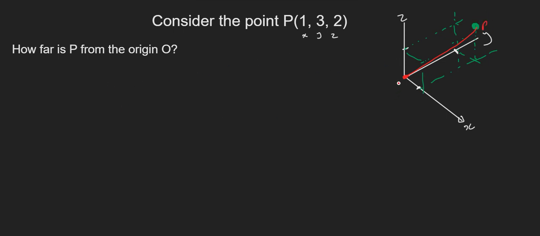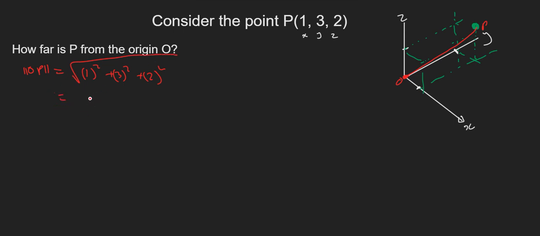This is P, this is O. So we have to find the distance OP. Distance OP is equal to the square root of the change in x, the change in y, and the change in z. You could just say 1 minus 0, get that one, and 3 minus 0, you get that, and all of that should be under your root.